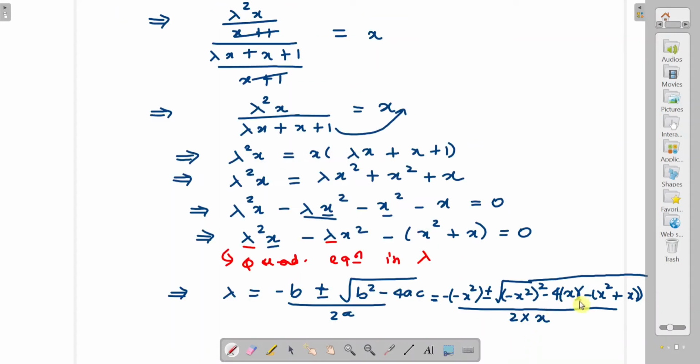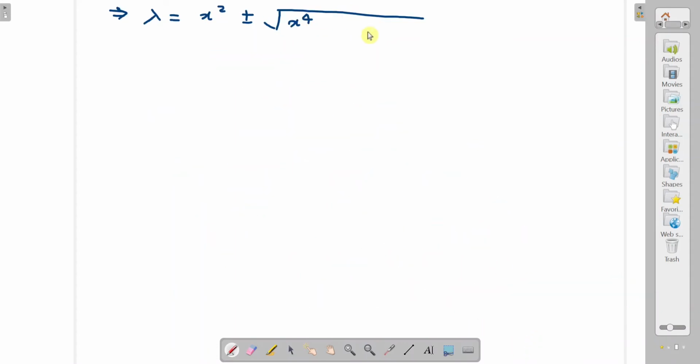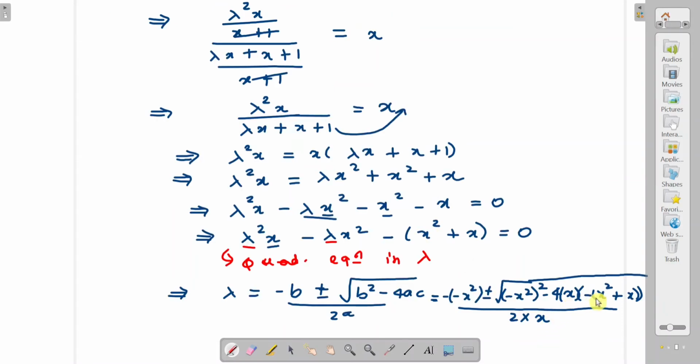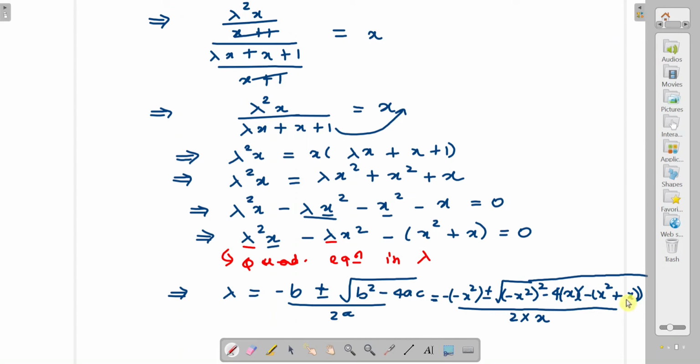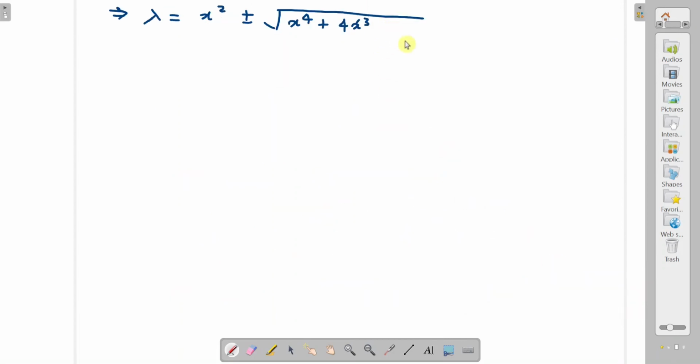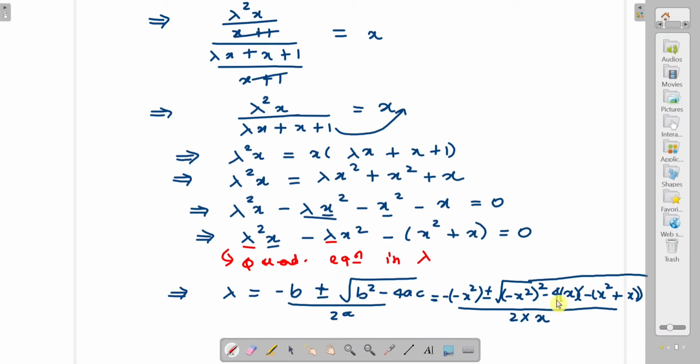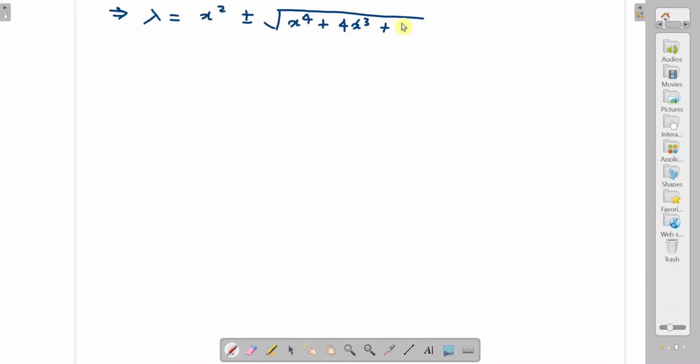Then we have minus and minus plus, so plus 4, and if you look at this, x times x square will be x cube, and x times x will be x square, and also 4 is there, right? 4 times x, so that is 4x square. So now this is divided by 2a, that is 2x.